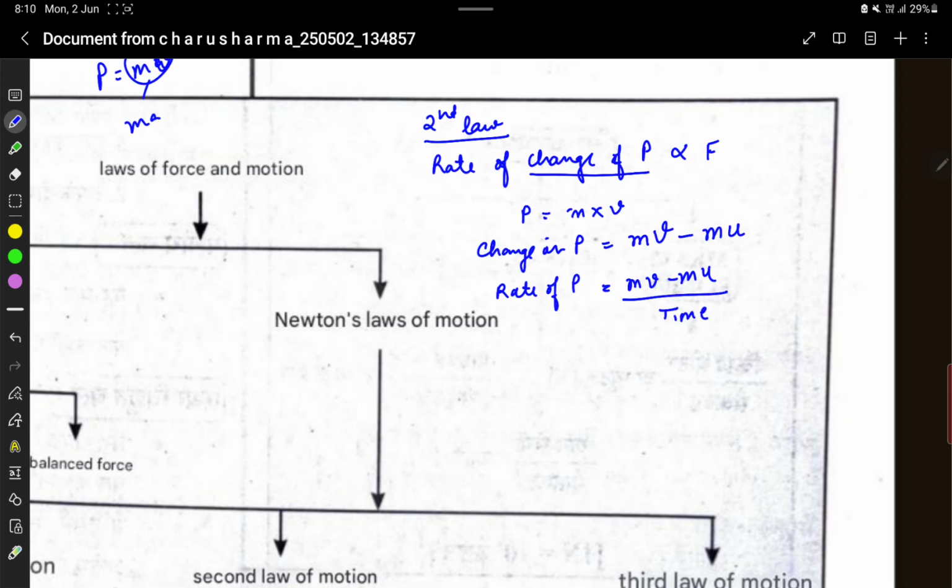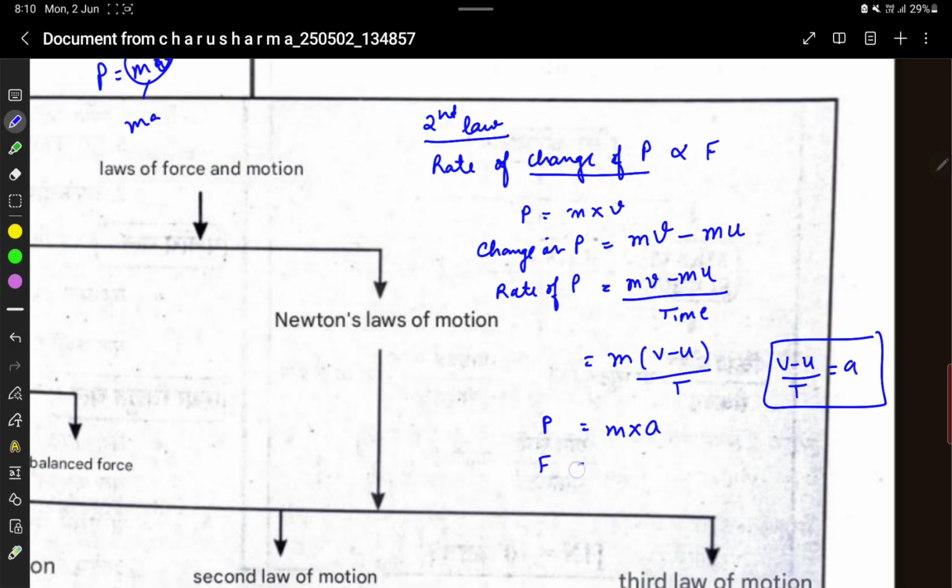So we are dividing it with the time. Now take m as common, v minus u upon t, and we know that v minus u upon t is a, so multiplied with a. So that means momentum rate of change and force are equal, only the change in velocity happens. Clear? I hope this much is clear to you. There is no doubt right now.